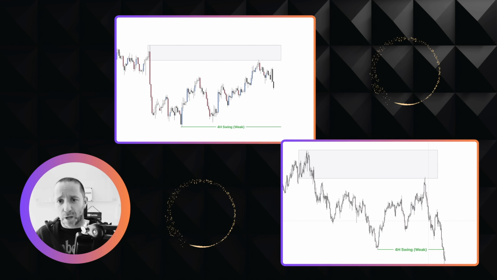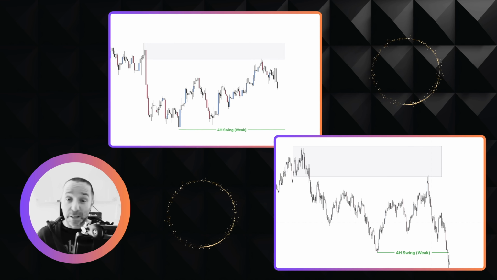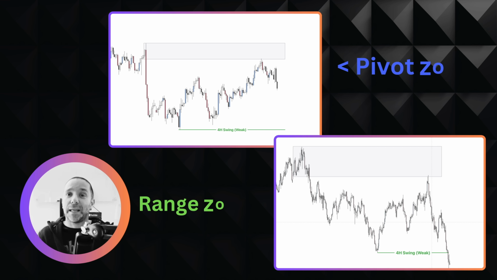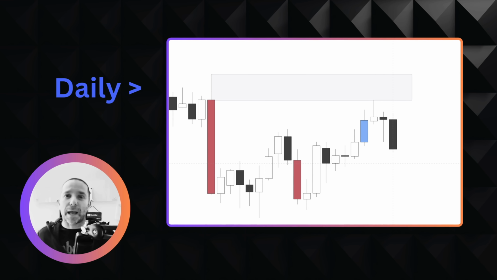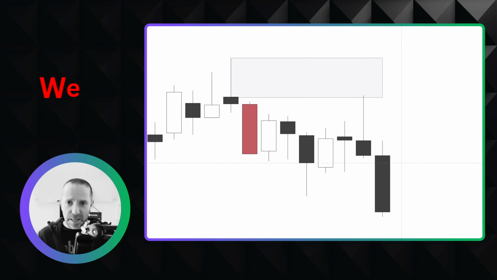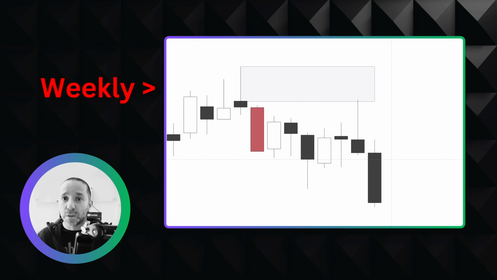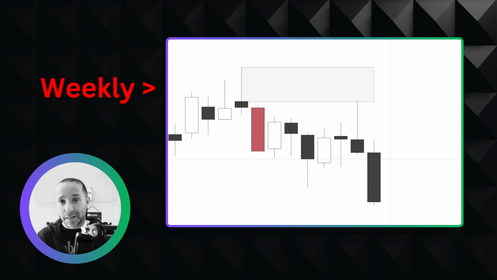So the fractal zone, what we can expect from this is that we're seeing that range or pivot zone forming on the lower time frame, and that's going to show us the wick on the higher time frame. As we can see here, the wick is formed, and we see the market pull back up into that wick, and we see the drop away.